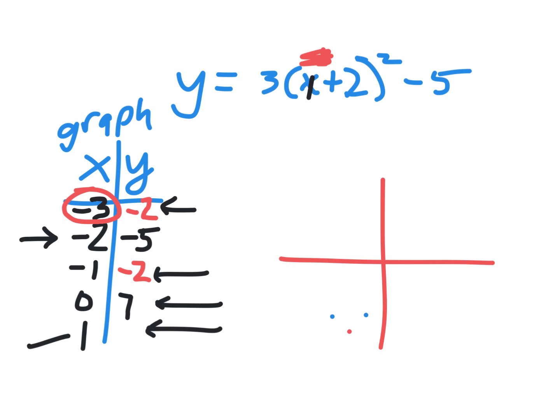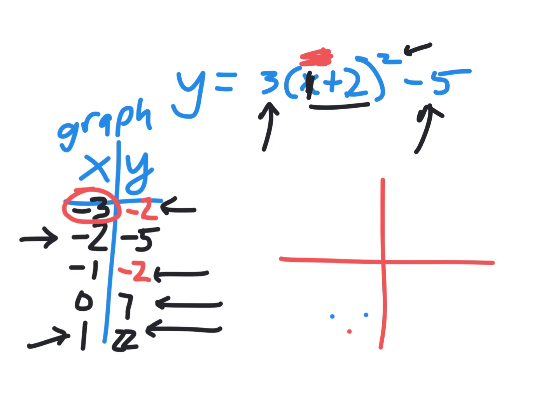I'm putting in a 1 right here. 1 plus 2 equals 3, and then 3 squared is 9, and then 9 times 3, 27, and then 27 minus 5. I'm pretty sure it's 22. Could somebody tell me I'm not crazy? Okay, good. I'm pretty sure it's 22.